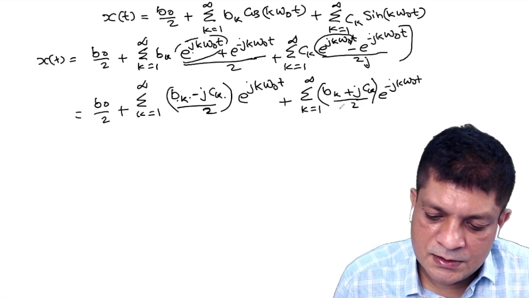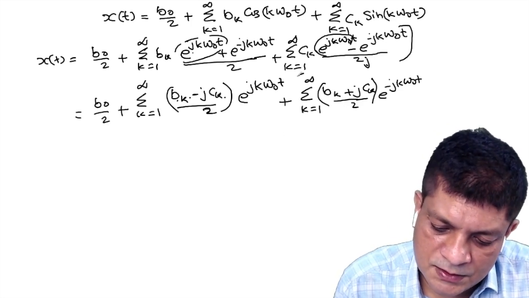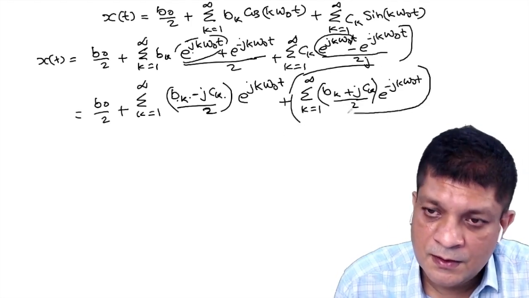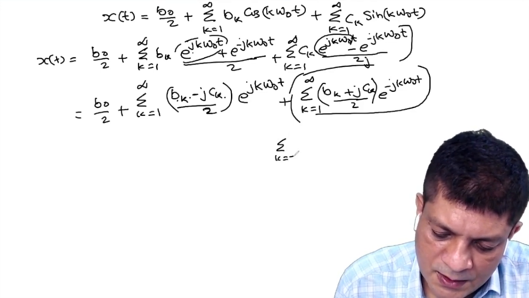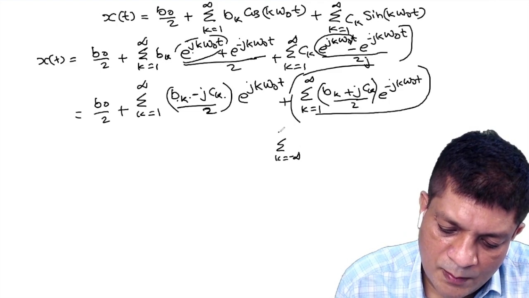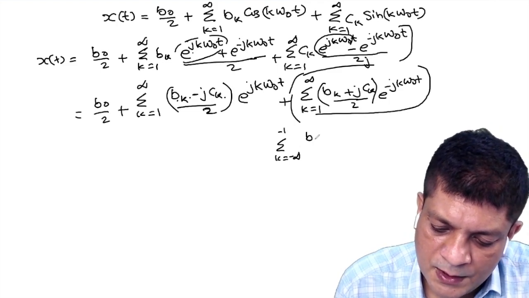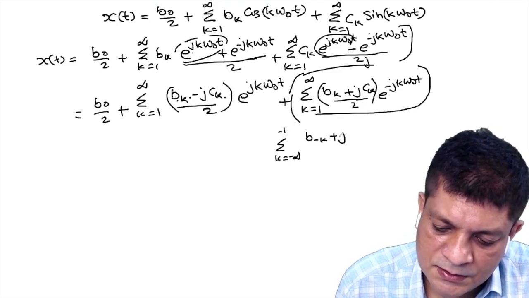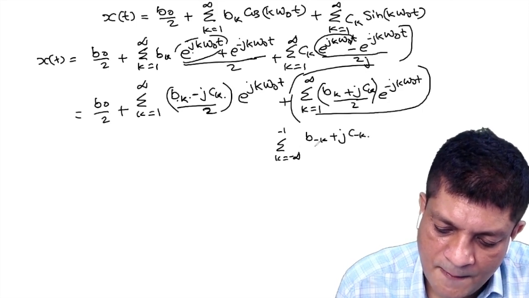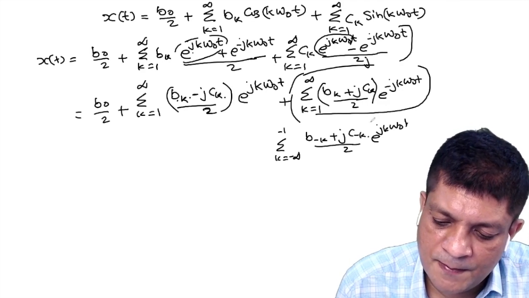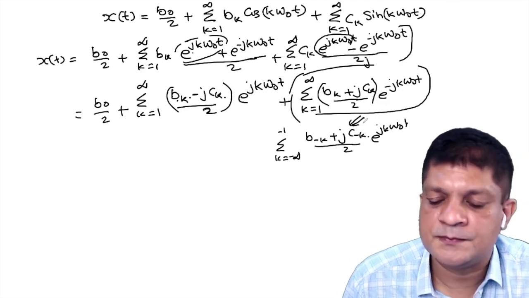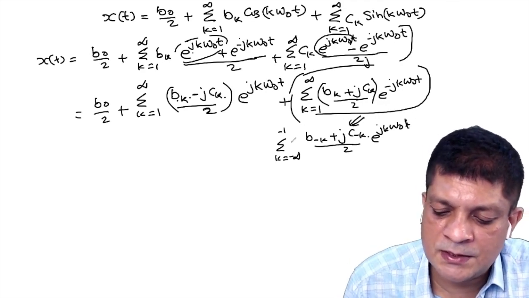Now can I write this second summation as summation from k minus infinity to minus 1, b minus k plus j c minus k by 2 e to the power j k omega naught t, this summation. I'm replacing k with minus k.